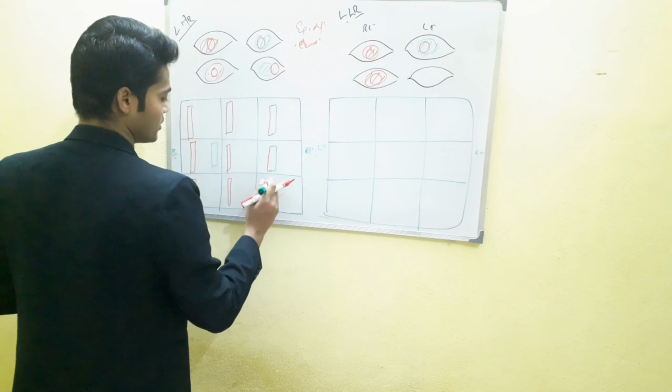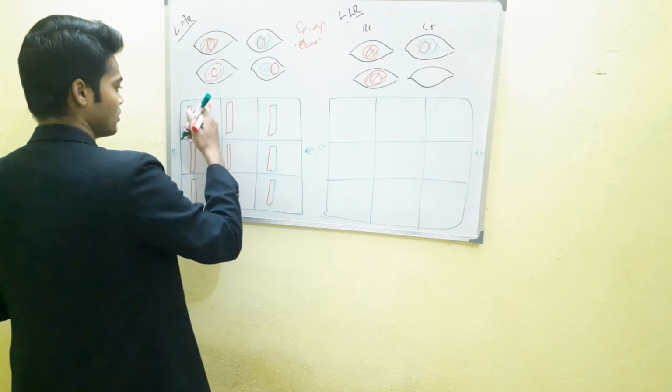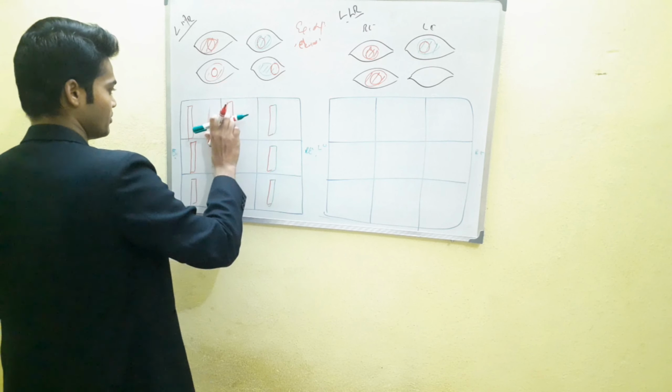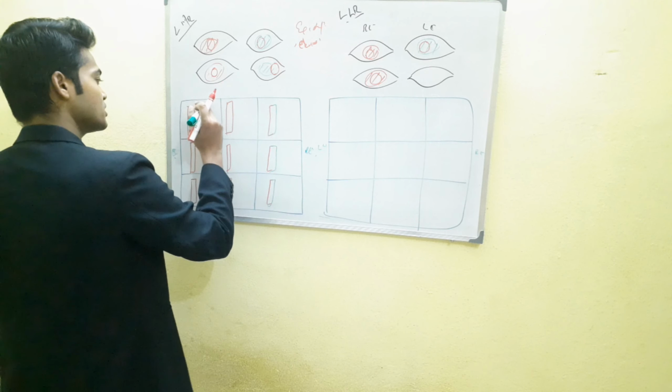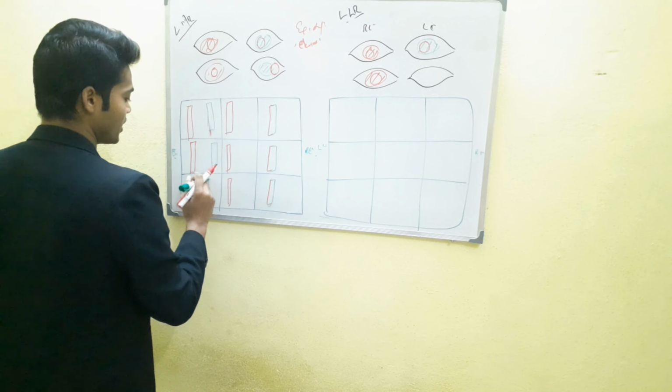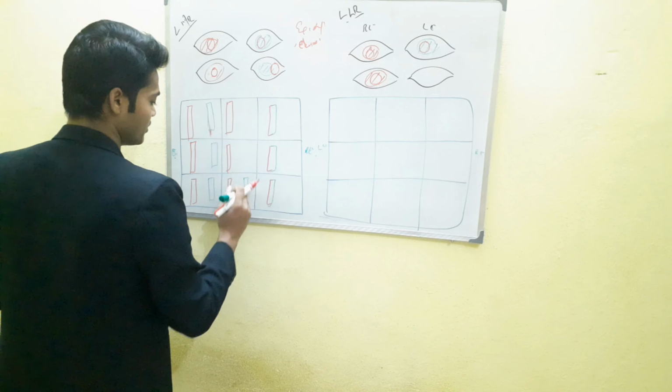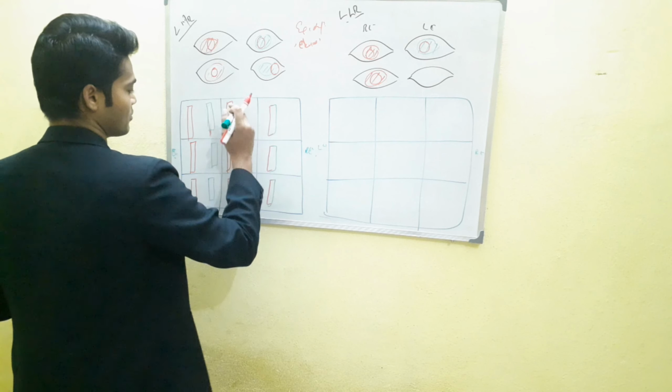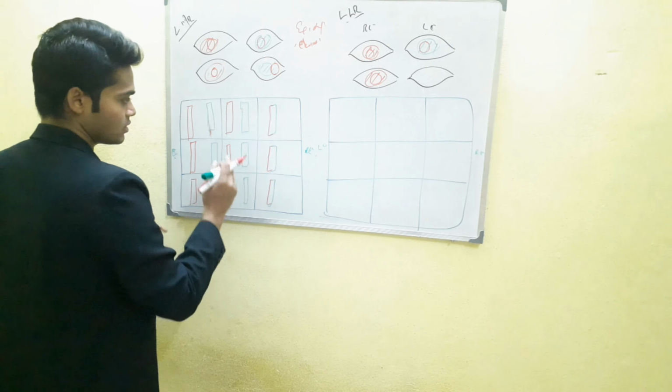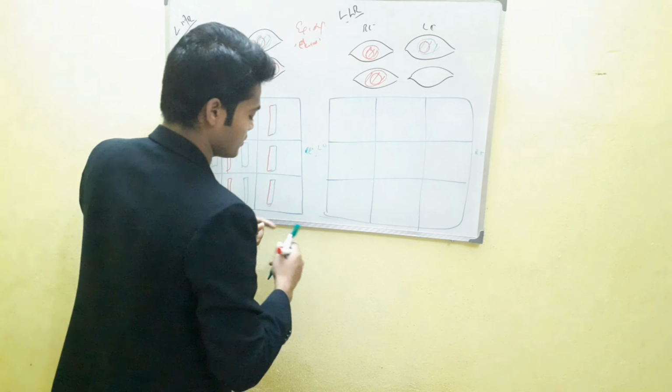Binocular vision is present here. How much distance they maintain doesn't matter, but the green part is affected. According to this we get the projection.